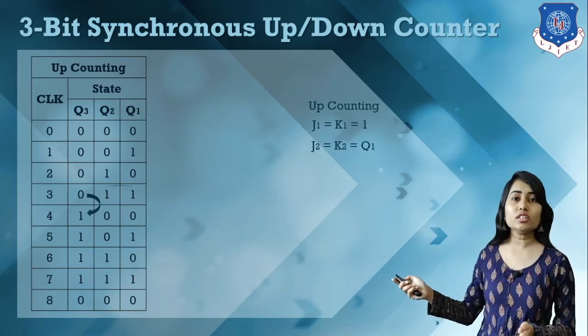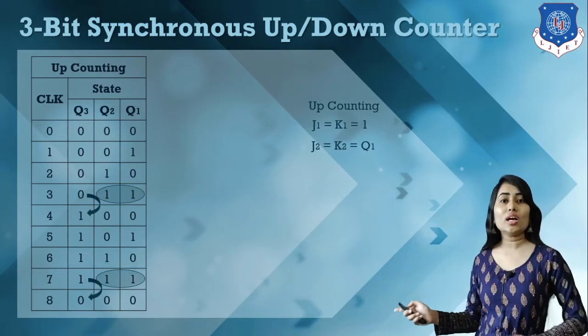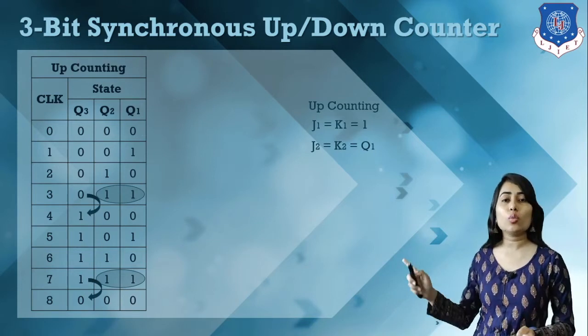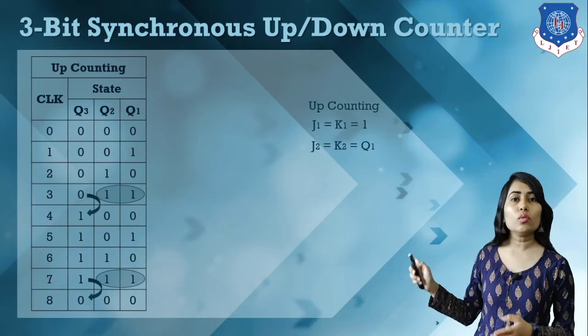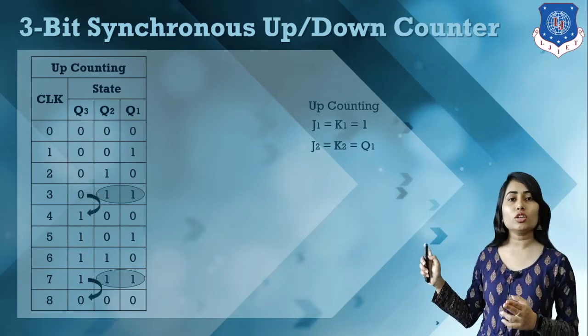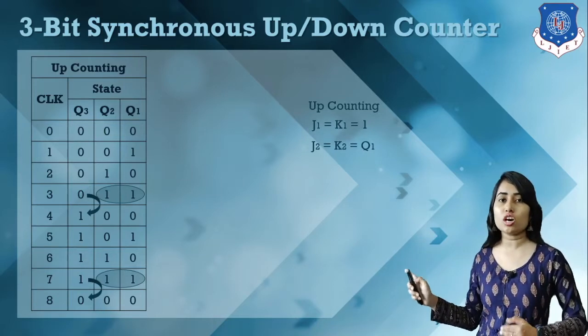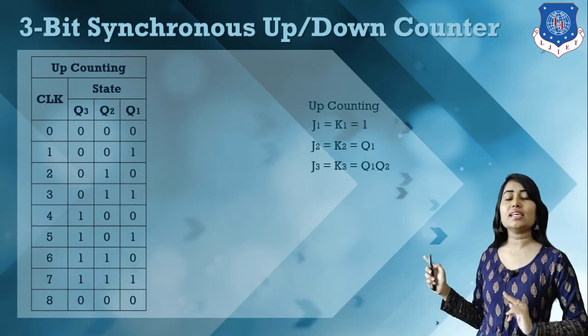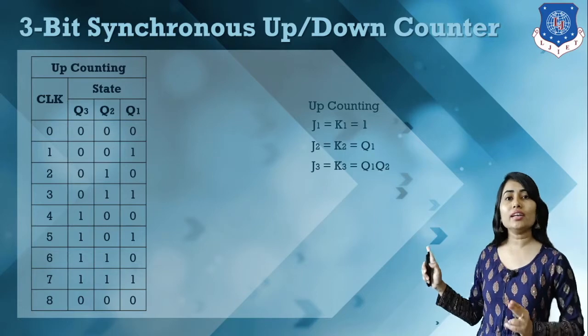Now Q3 will toggle its state when Q1 and Q2 are both equal to 1. If Q1 and Q2 are both equal to 1, we have a change of state. So here we have J3 K3 is equal to Q1 into Q2.